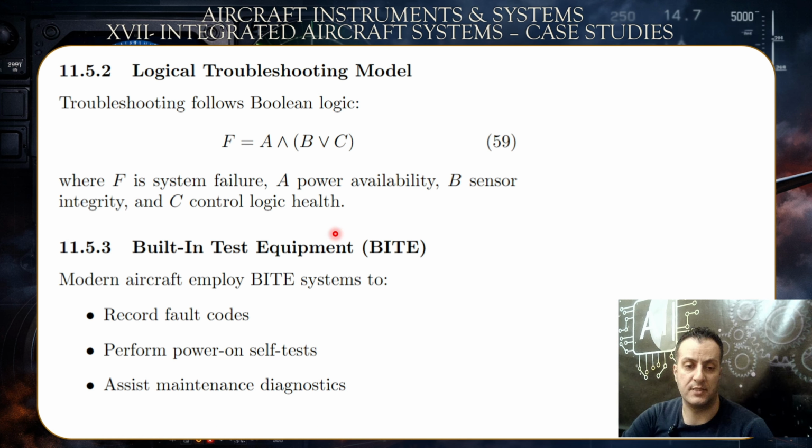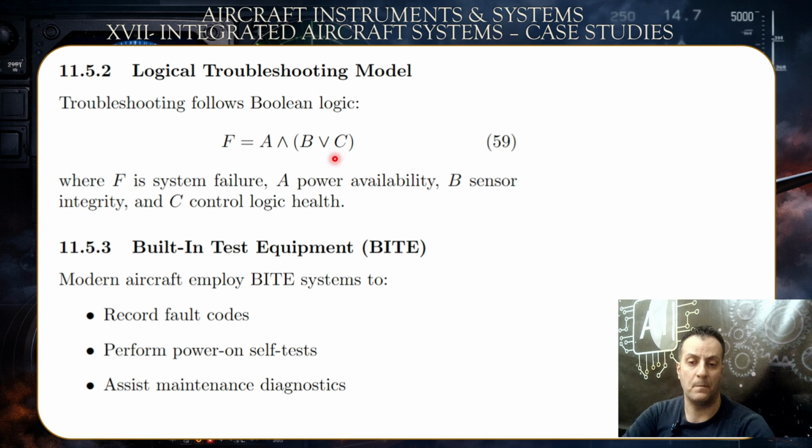In other words, for a system failure to be validated as an existing fault, it should meet the following conditions. A, at first, meaning the power should be available, A should be true, and at the same time, one of these two arguments would be true.